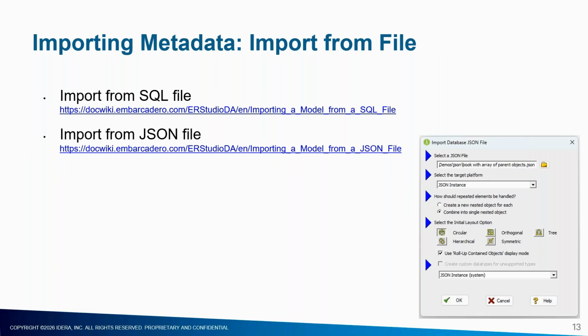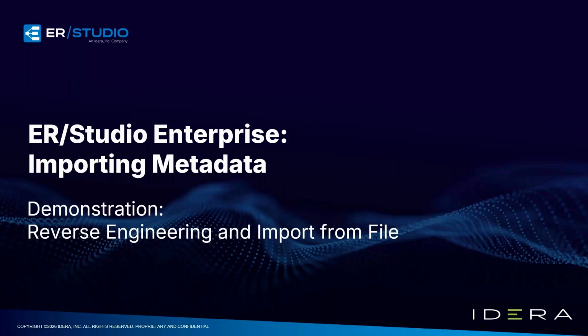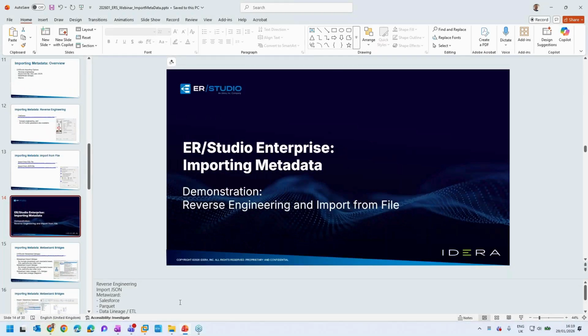So typically these will give us again a rich source of metadata. We can specify the format of it, and again ERStudio will read that in and bring it into the data model as a series of objects for us to work with. So let's just drop out of PowerPoint for a second.